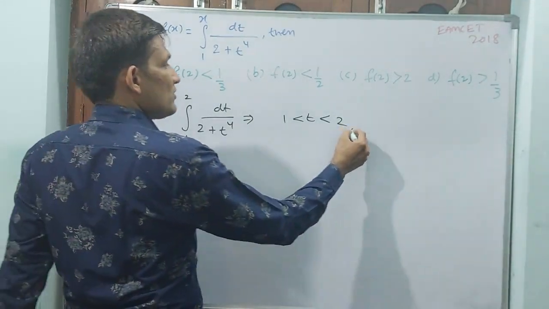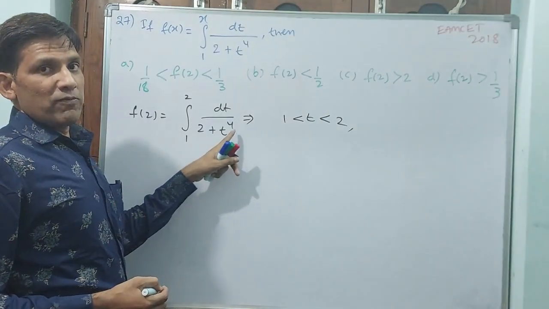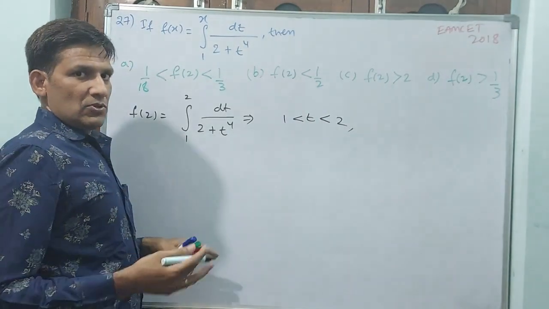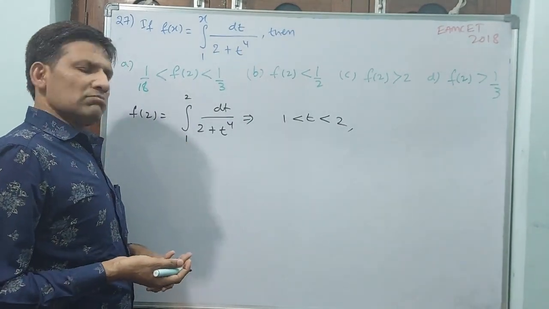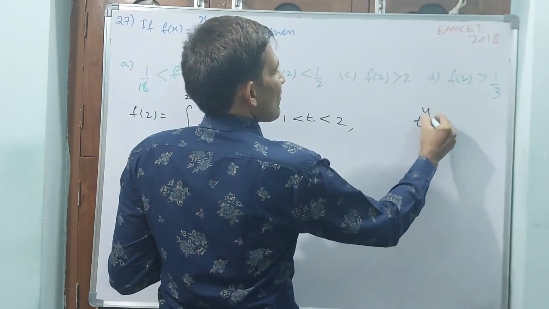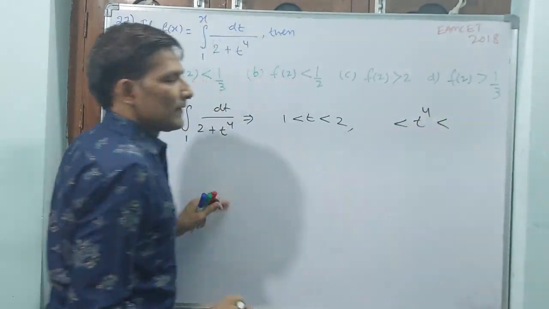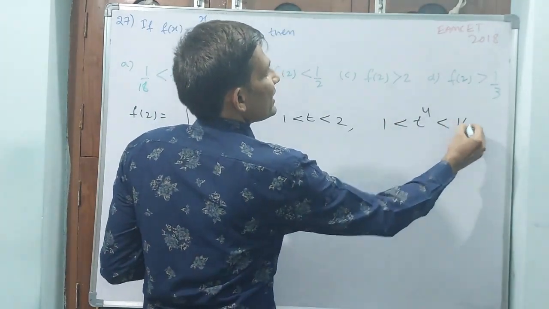Now what I am doing, you see, I will take the exponent of 4. Squaring means 2 times, 2 power 2, again that means 4 times. See, t to the power of 4: 1 to the power of 4 is 1 only, 2 to the power of 4 is 16.